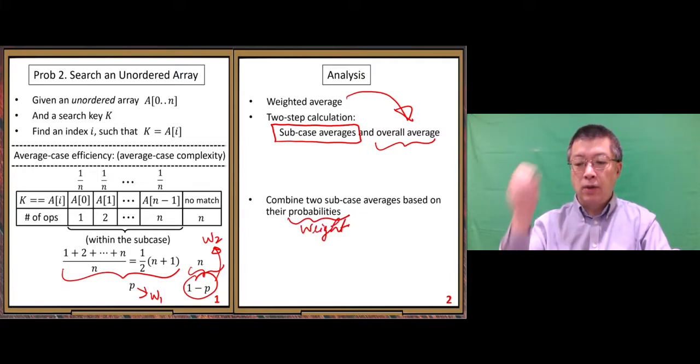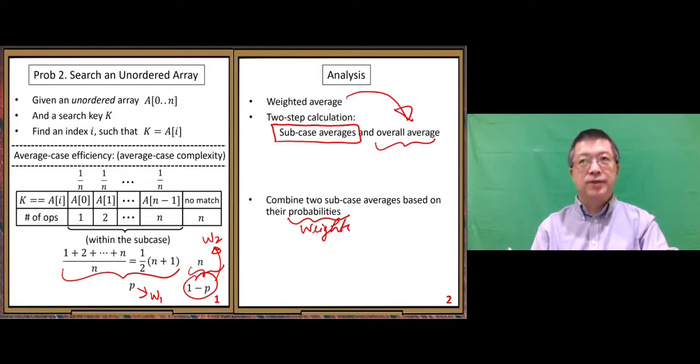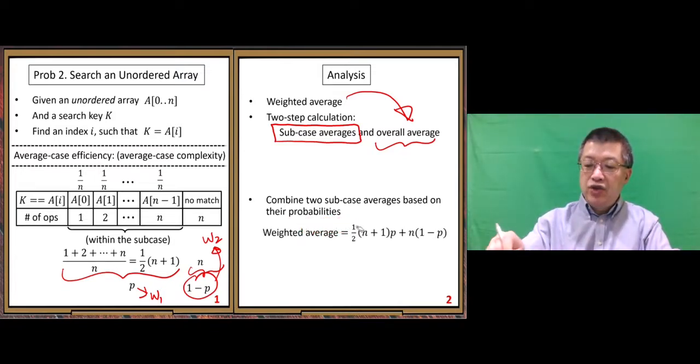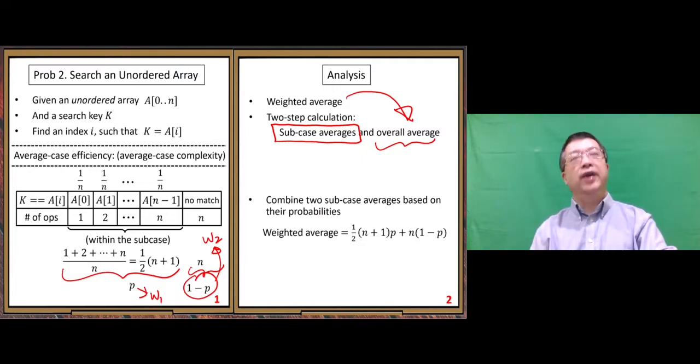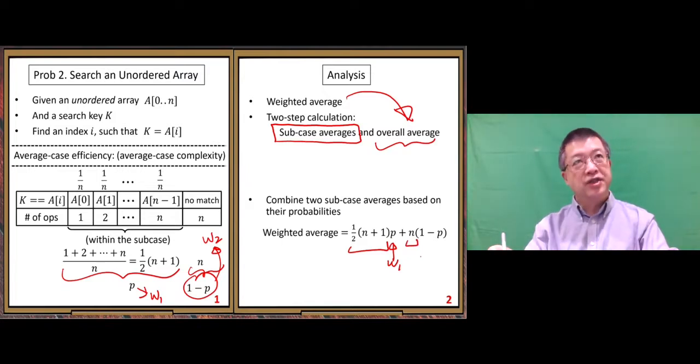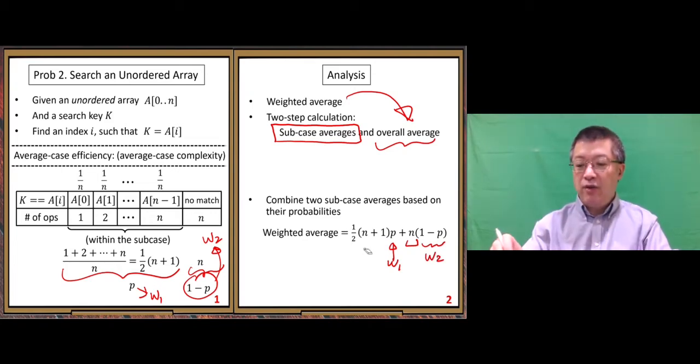So the weighted average equals this formula: the number of comparisons for the first subcase times weight W1, plus the number of comparisons for the second subcase times weight W2. That's the formula.